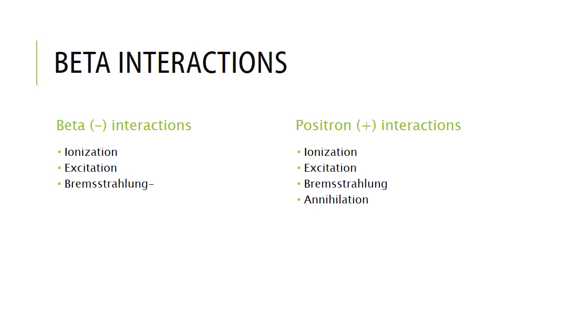Say, for instance, it's able to take an M shell electron and elevate it into an L shell. So the K shell has the lowest energy, and as you go away from the nucleus of the atom, you're going into higher energy shells.